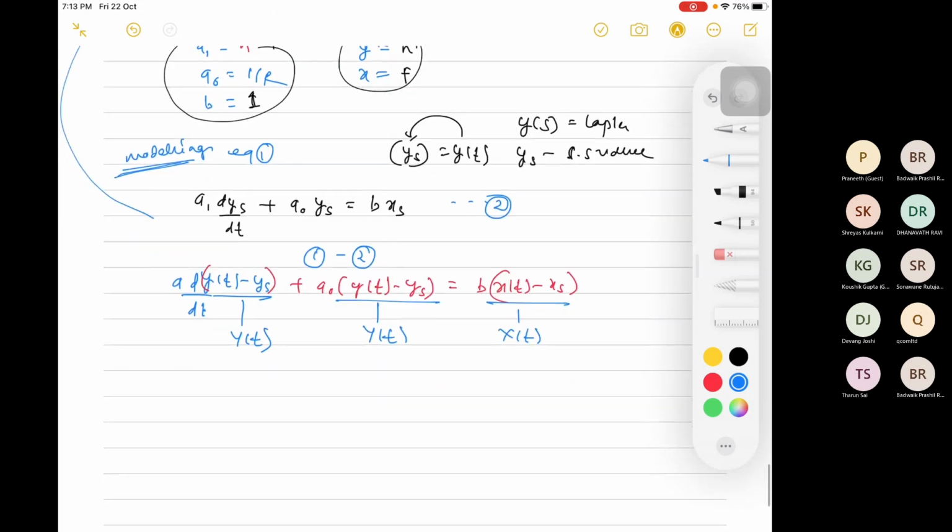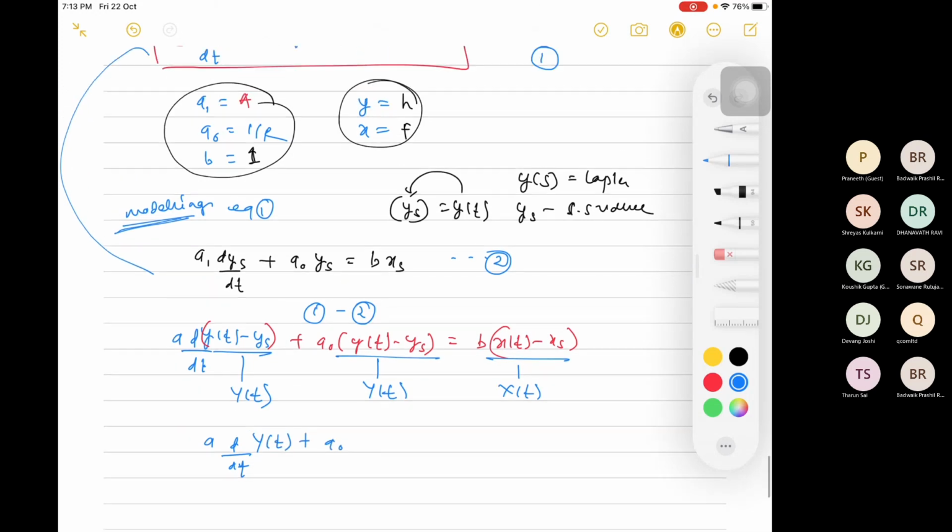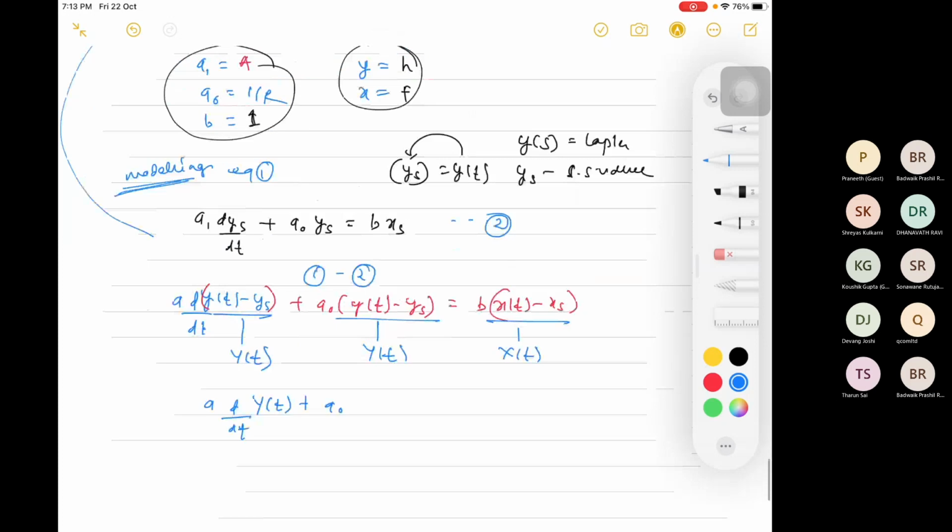What is your equation now? a1 dY/dt of capital Y of t plus a naught Y of t is equal to b into X of t. So you will get this form.